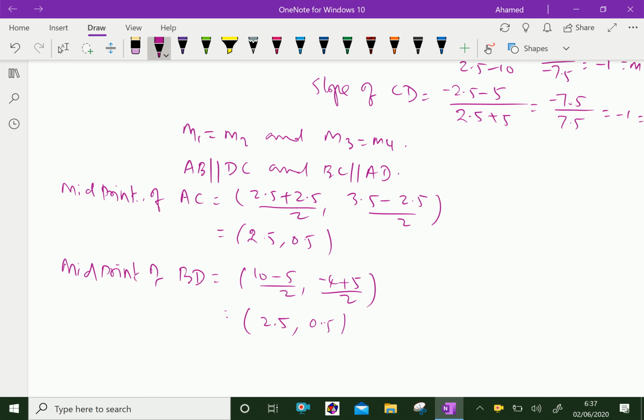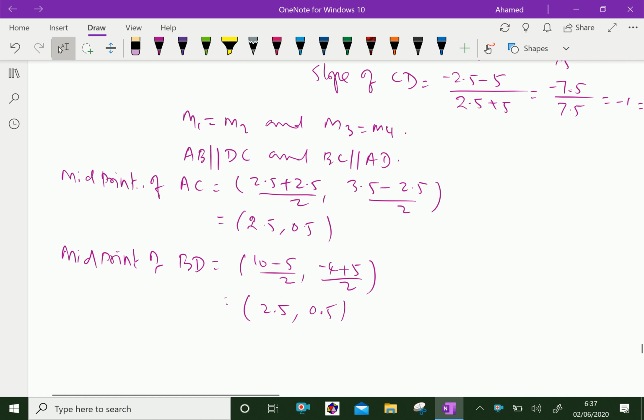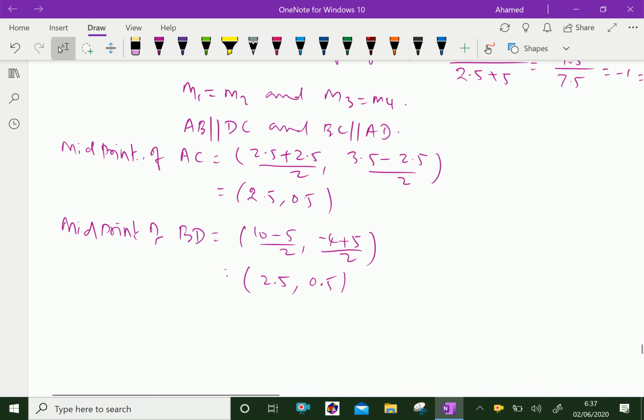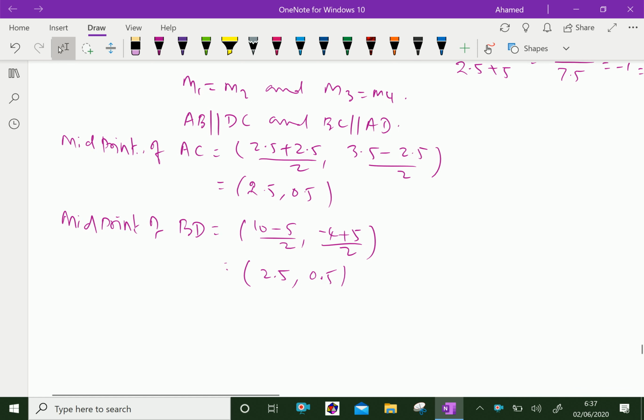So both give the same point, because look at these points, it is (2.5, 0.5) and (2.5, 0.5). Therefore, both indicate that AC and BD intersect, bisect each other.